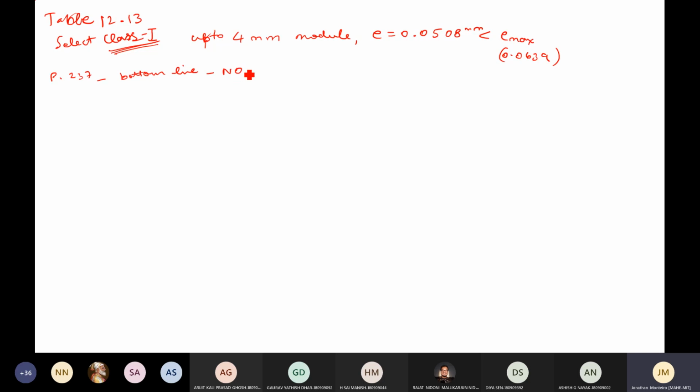It's a note. The note says that the probable error in 12.13, also called maximum error, should be less than the permissible error.